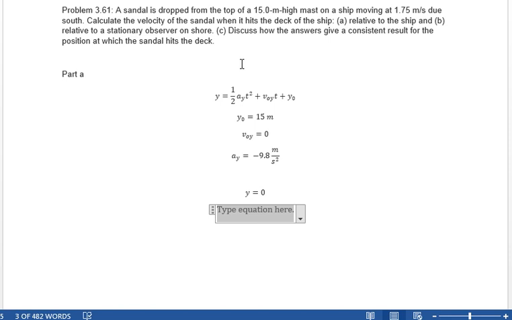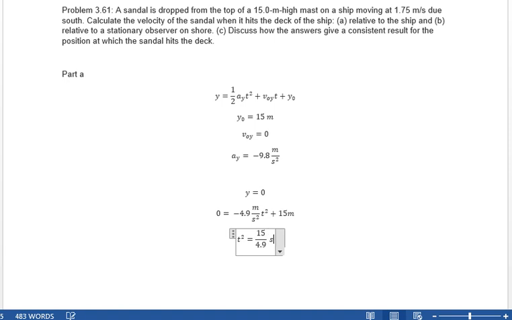So you stick all this in, we have 0 equals minus 4.9 meters per second squared, t squared, plus 15 meters. And so we're looking for t squared equals 15 over 4.9.